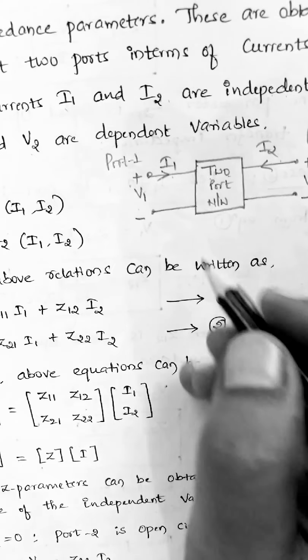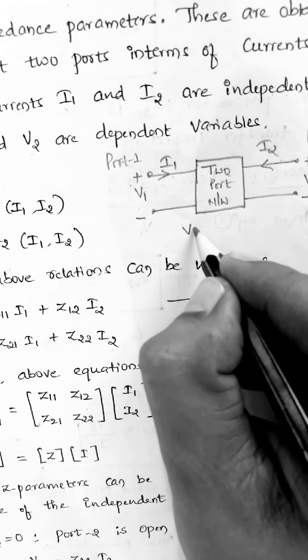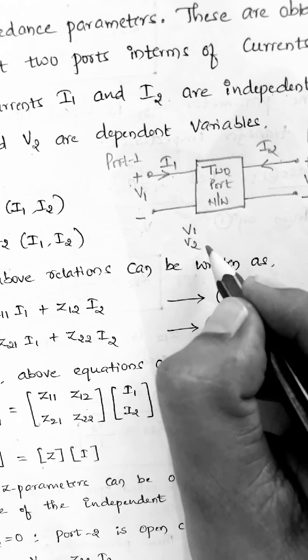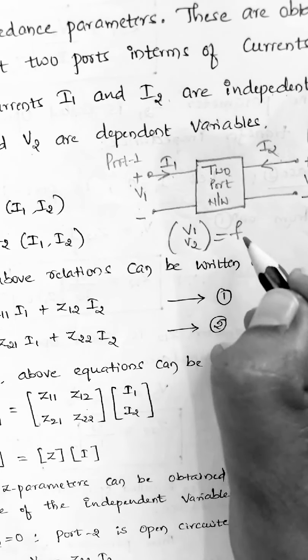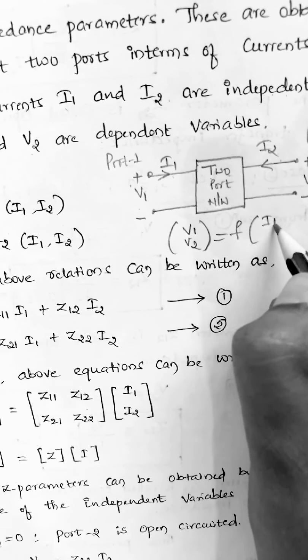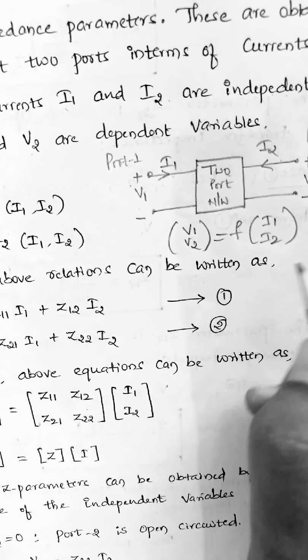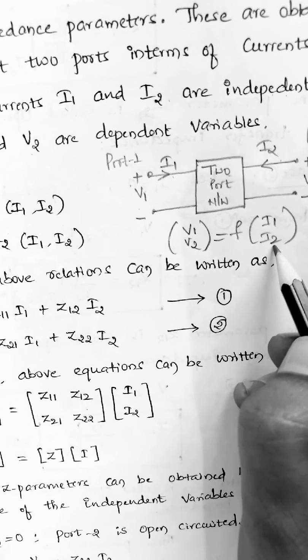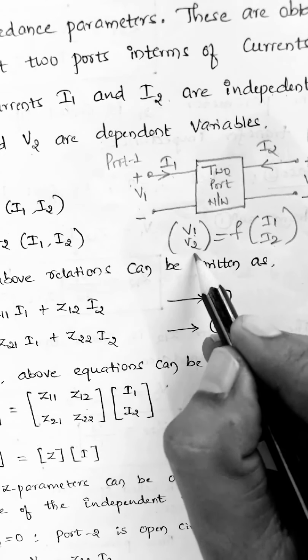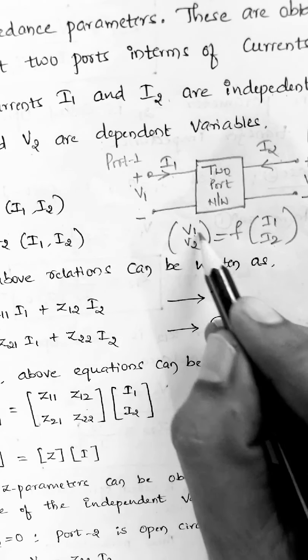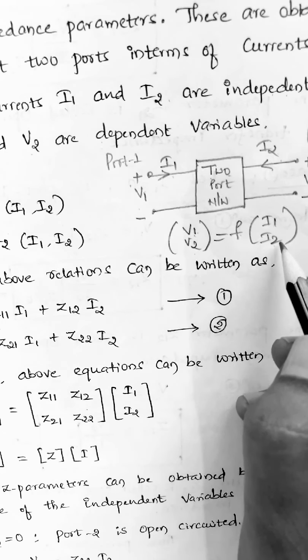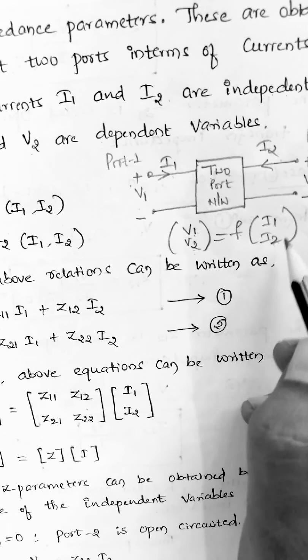If you express this in terms of equations, as I told, V1 and V2 are dependent variables. These are dependent on the currents I1 and I2. So currents I1 and I2 are independent variables, V1 and V2 are dependent variables. Hence V1 is a function of I1 and I2, and V2 is also a function of I1 and I2.